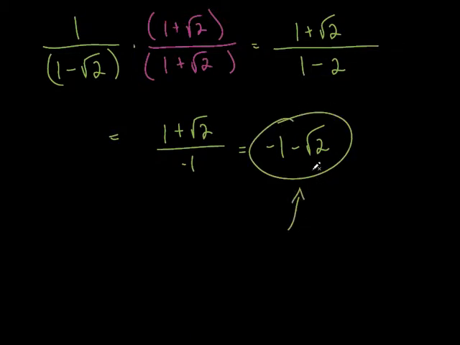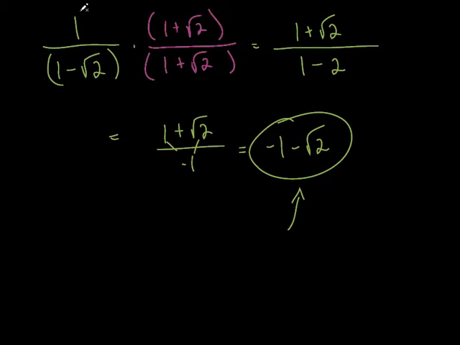Okay, this is how I want you to keep it, right there. All right, so don't leave it over negative 1. Make sure you divide everything, both of those things, by negative 1. Okay? So that's how you get rid of a denominator like this. That's a sum, all right?